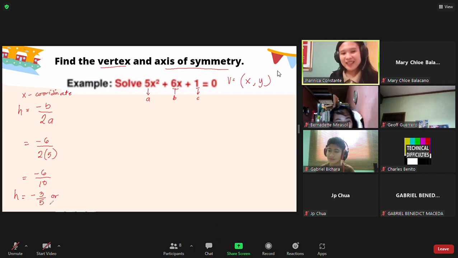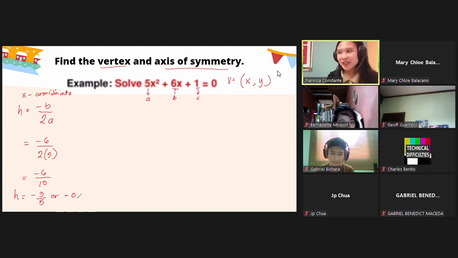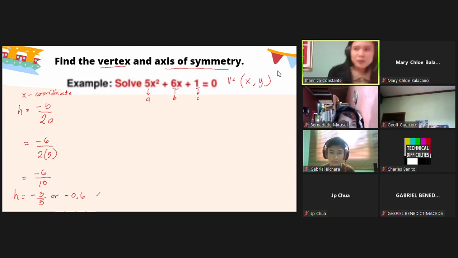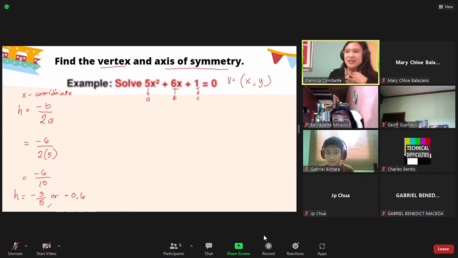Or in decimal form, we have negative 0. What is 3/5 in decimal form? 0.6. We have 0.6 for decimal form.